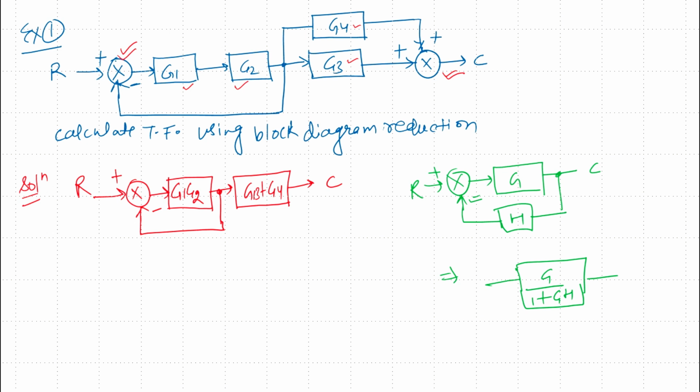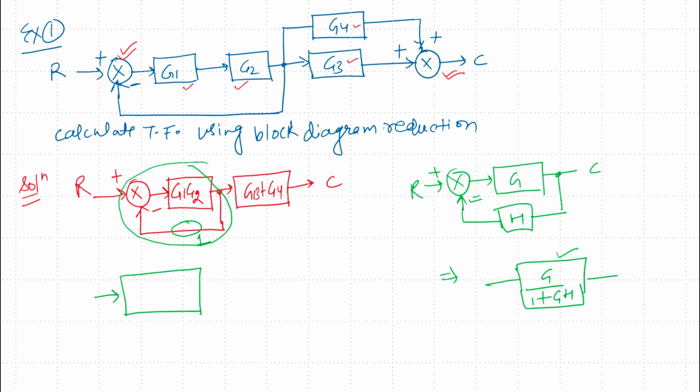Now since there is no feedback gain given to this, so in this case the gain will be unity. So if there is no gain, there will be unity gain. So we can represent this feedback, closed loop feedback, by a single block with the gain G upon 1 plus GH. So I am further reducing this block diagram with the gain.